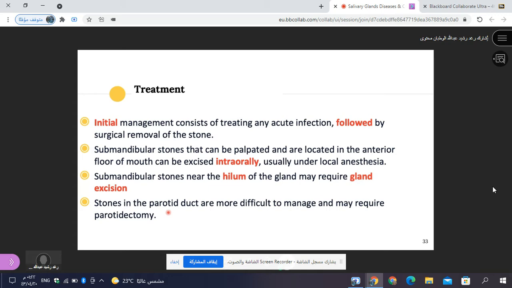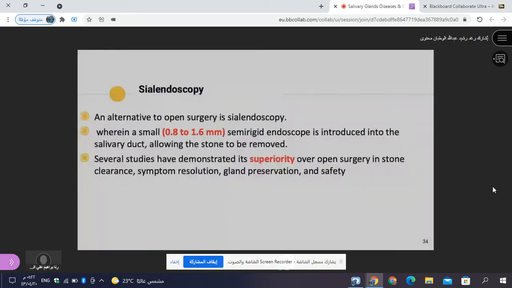Okay, next slide, please. Okay, sialendoscopy. I want to ask you, what do you think is better, open surgery or sialendoscopy using an endoscope? Endoscopy. And why? Because of preservation of the glands. Yes, excellent.